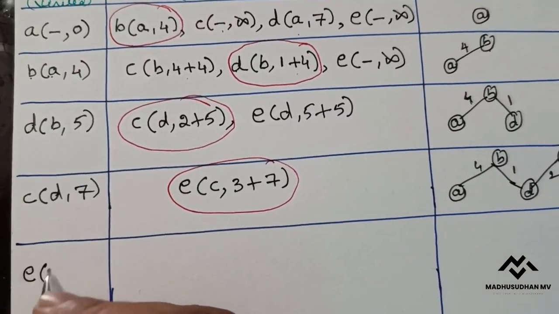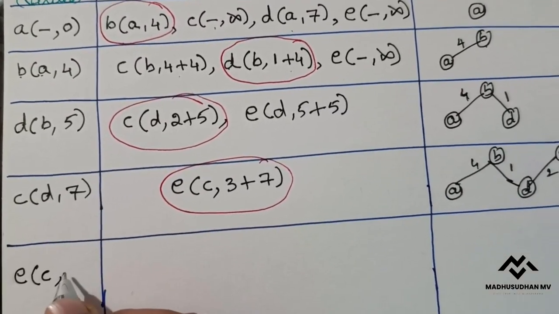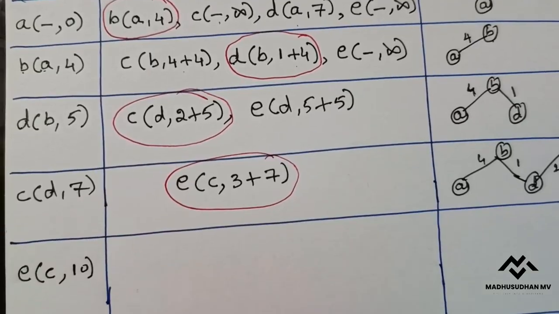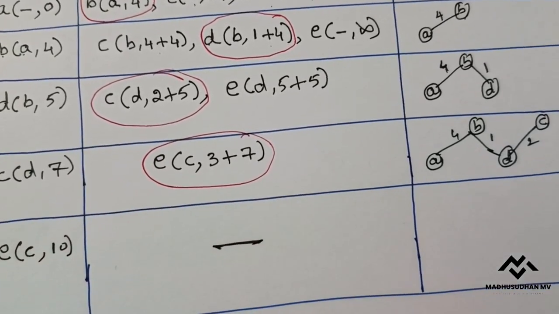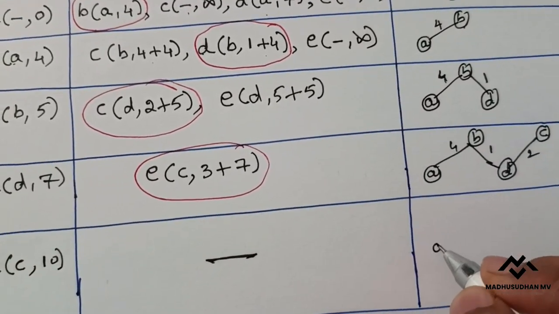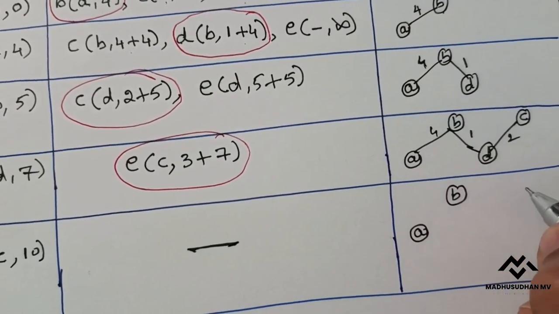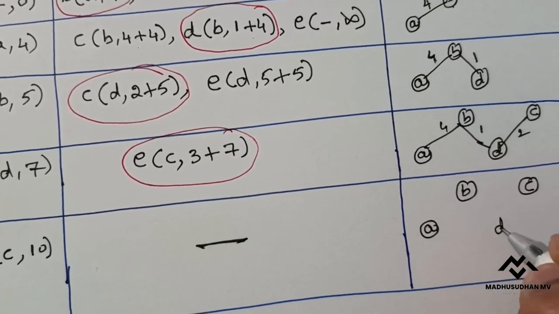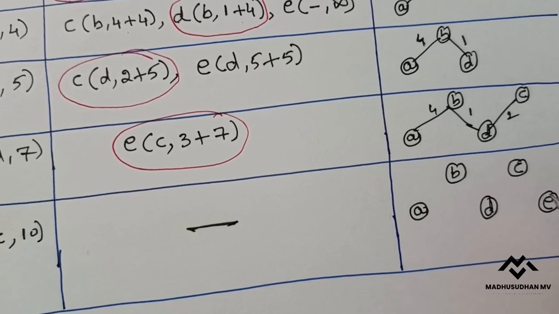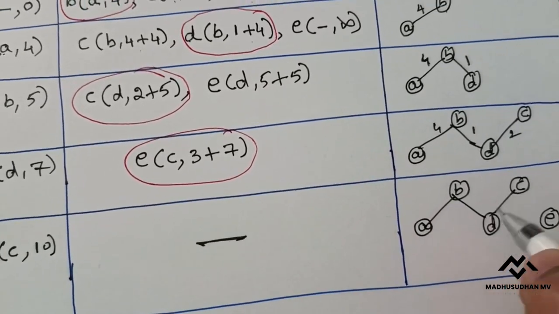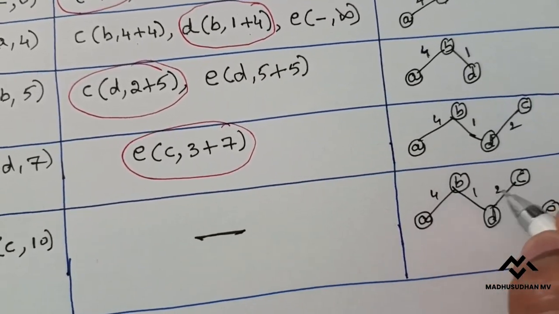So I am reaching E from C by traveling a distance of 10. So nothing is remaining. So I got A, B, C, D, E.